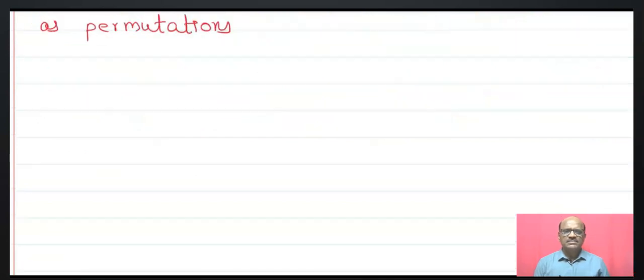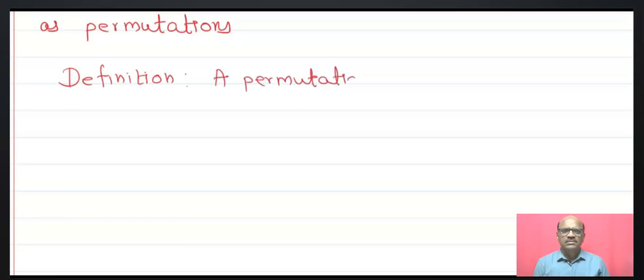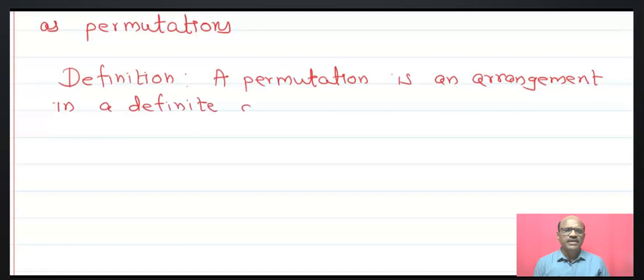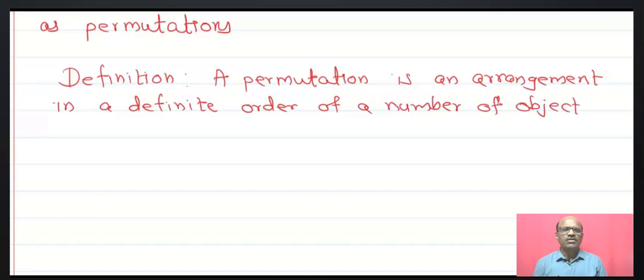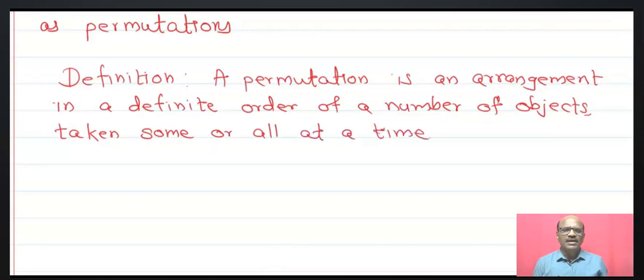Now see this here. Definition: A permutation is an arrangement in a definite order of a number of objects taken some or all at a time.